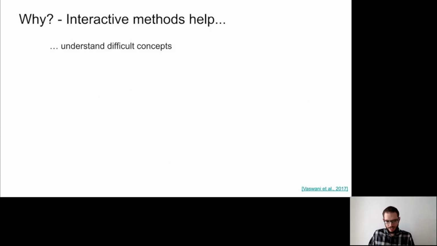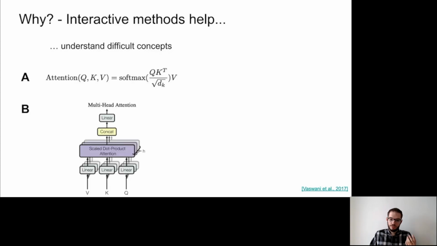A fourth point that I think doesn't get enough credit for visualization is that it can help you also understand very difficult concepts. Take the transformer architecture, for example, in particular the self-attention within the transformer. To understand the self-attention, just looking at the original paper, we have two explanations.